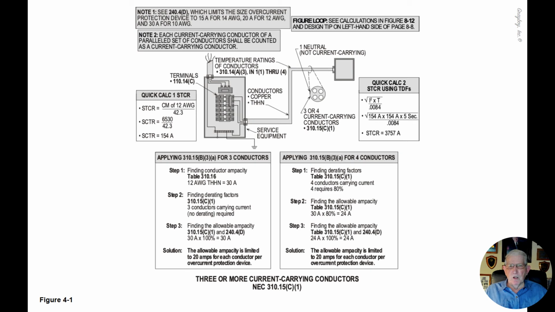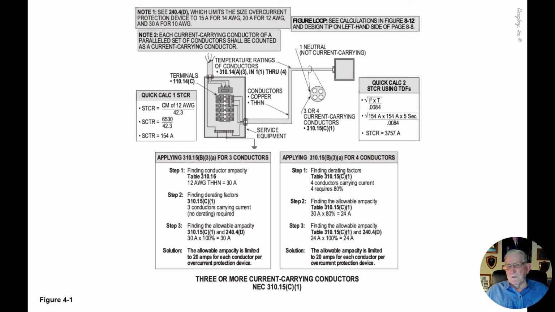For the second bullet, we would refer to Table 8 of Chapter 9, and our number 12 conductor has a 6,530 circular mil area. So as a rule of thumb, dividing it by 42.3, the short time current rating for 5 seconds is 154 amps.